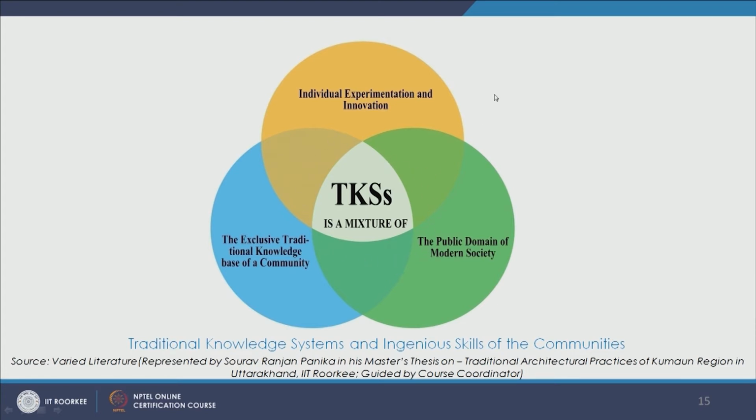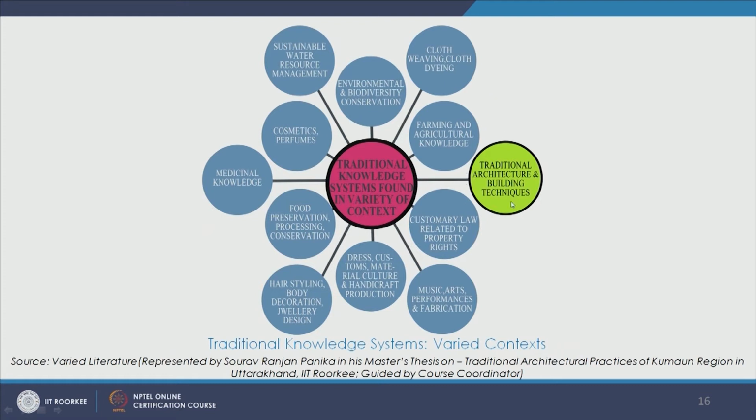So we discussed this, and this is again a very interesting diagram where we try to understand how traditional knowledge systems have varied contexts. And then we can talk about traditional knowledge systems when we are talking about cosmetics, perfumes, like medicinal knowledge. We can talk about traditional knowledge systems.